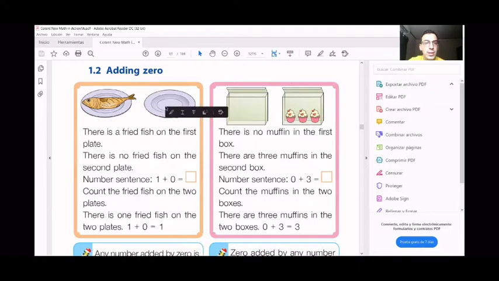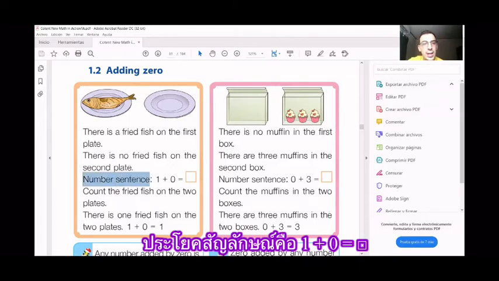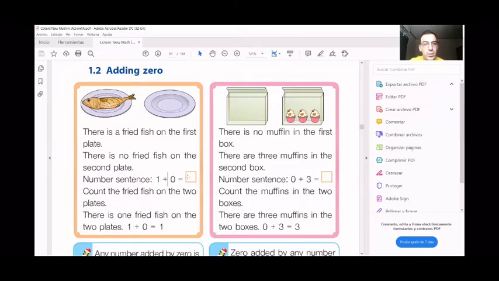This is the second plate, and as you can see here, there is no fish. Here there is 1 fish. Here there is no fish. Okay, perfect. So look at this number sentence, the word that we have learned. What is the number sentence? 1, because there's 1 fish here, plus, because it's an addition, 0. 1 plus 0. What is the answer?